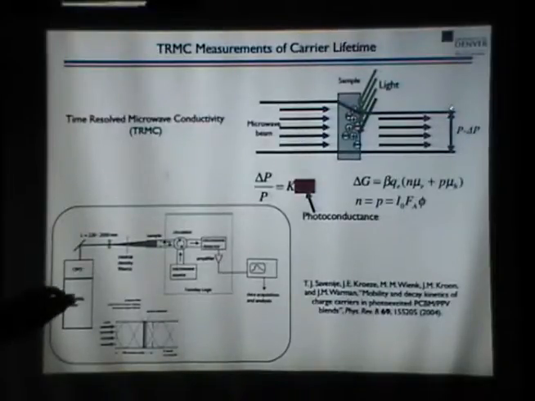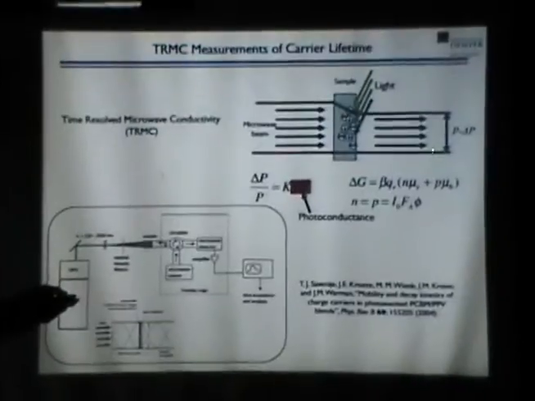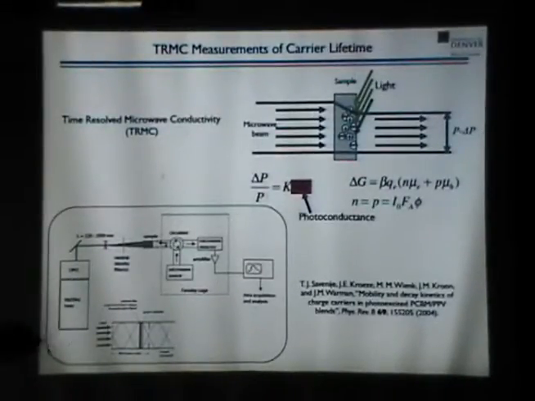So if we look at that change, so the power minus the loss of power, P minus delta P, or we take the quantity delta P over P, that is directly relative to the change in conductance of the film, delta G. So K here is some geometry factor dealing with the nature of the microwave resonant cavity.